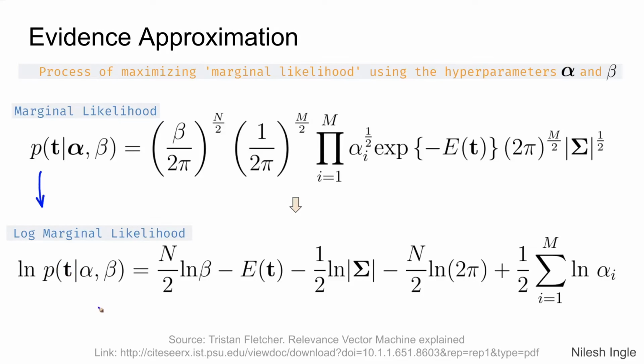This is the function that we want to maximize by using the hyperparameters alpha and beta. So this is the main equation that is used.